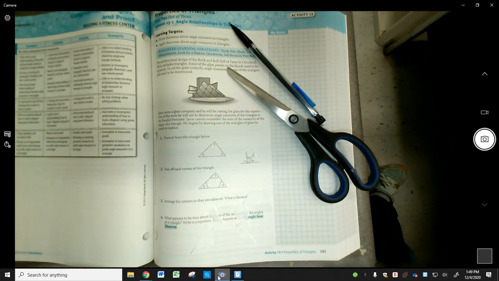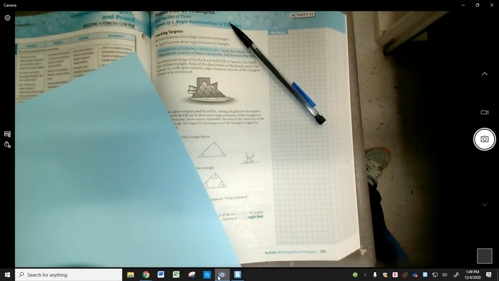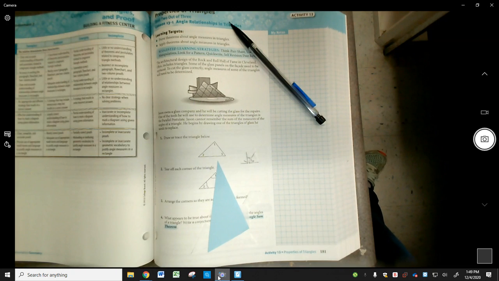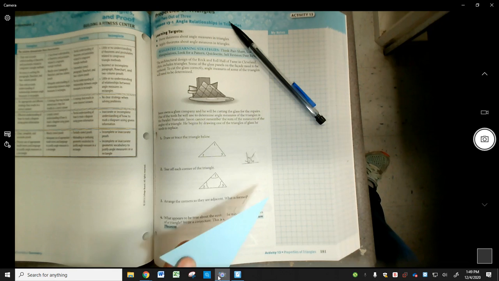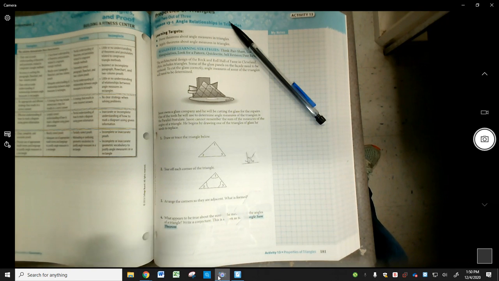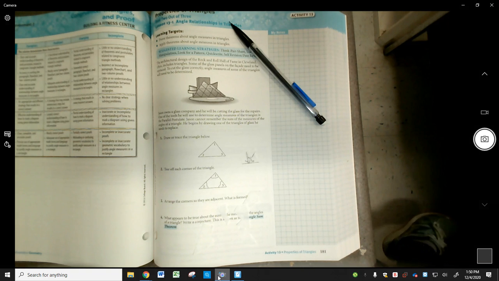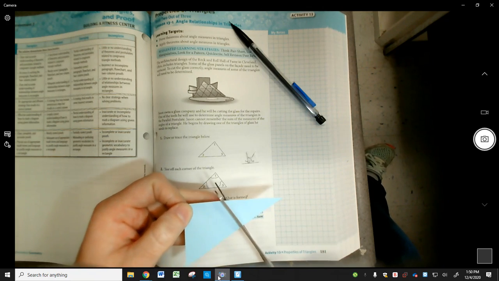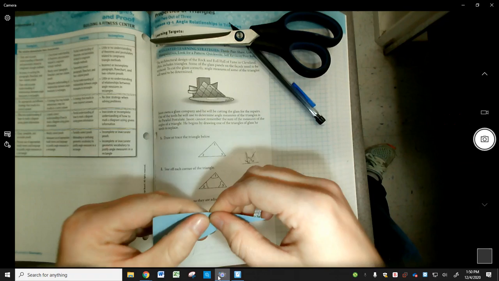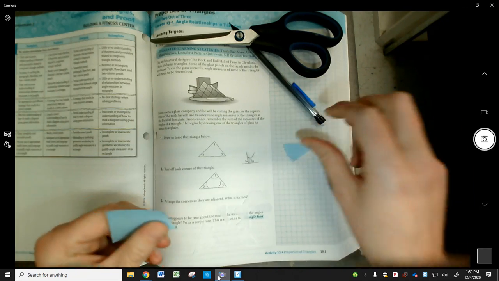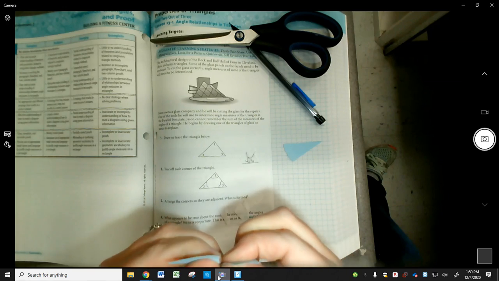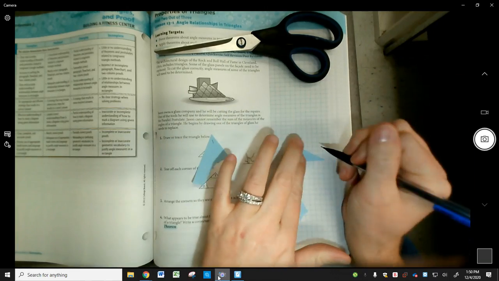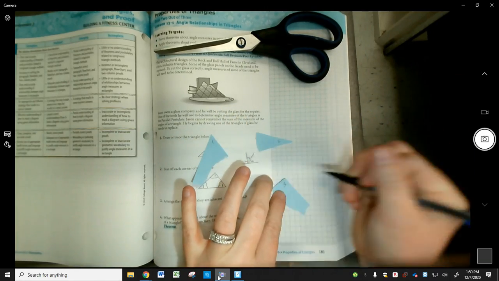So what I'm going to do is take a piece of paper and just cut out a triangle. So here is a triangle. It doesn't matter which size you make. You just need to make some kind of triangle. And then I'm going to cut it. Actually, I'll tear it because that's what they said to do in the book. So tear each of your vertices off. One of my vertices was here, one of them was here, and one of them was here.